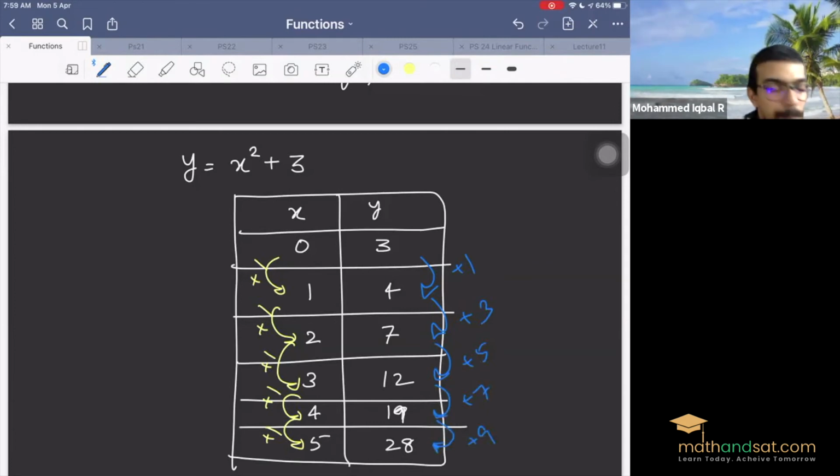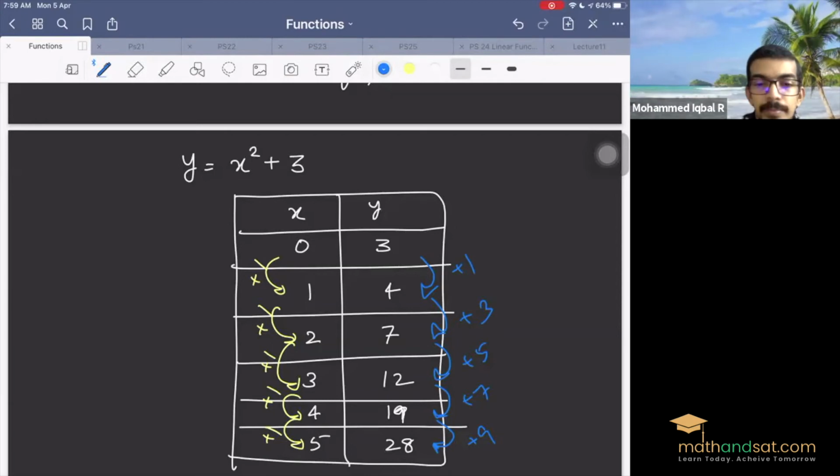When you give equal constant changes in your input, the change in output is not a constant.